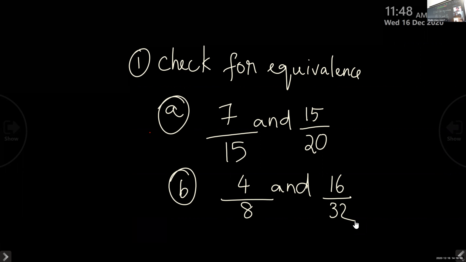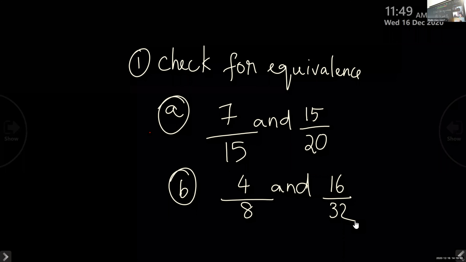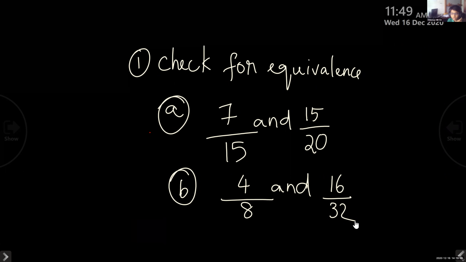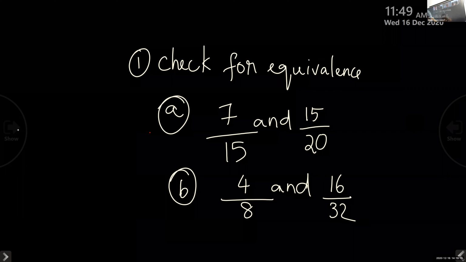Is there any fraction equivalent? Yes, ma'am, B. And what about A? Not equivalent. Why? Because the cross products are not equal.